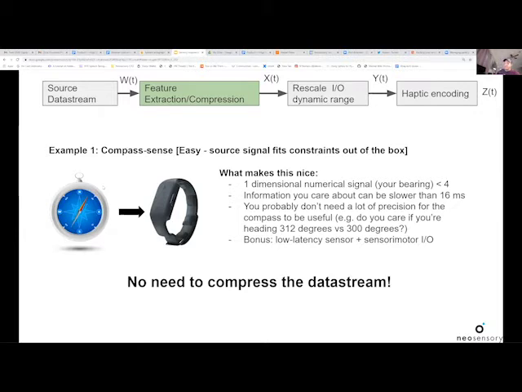Maybe you really only need to know north, east, south, west, and the combinations in between. As an aside, the other bonus here is that this is a potentially low latency application. As you move around, you might get immediate feedback fed into the Buzz, which is great. So this is an easy example where you wouldn't have too much to worry about.